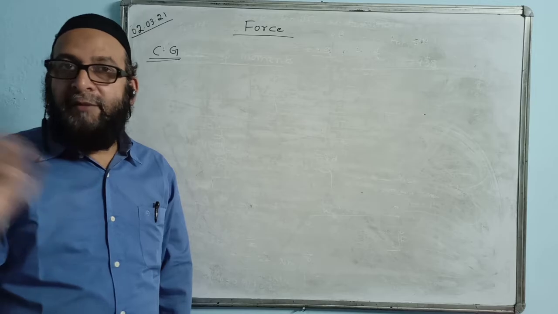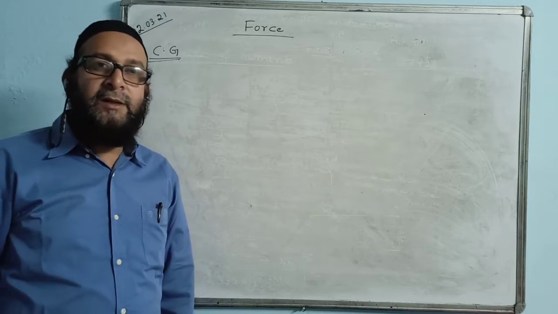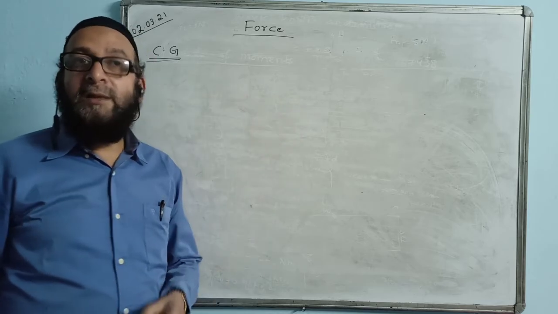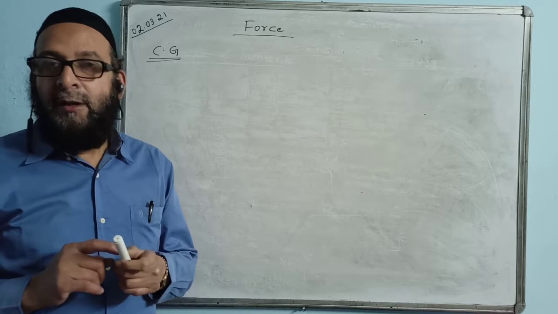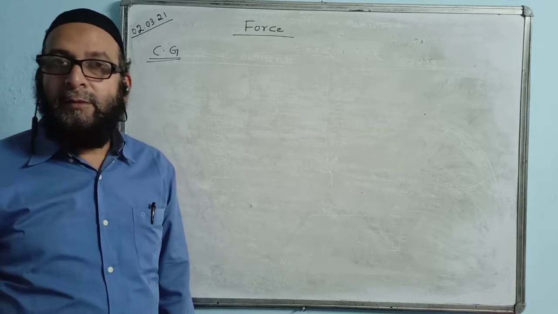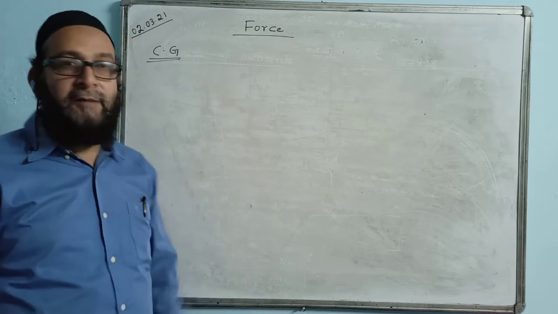It will be somewhere in the middle of the body, but not necessarily always. So center of gravity is the point about which a body remains in rotational equilibrium due to its own weight. That is the alternative definition of center of gravity.